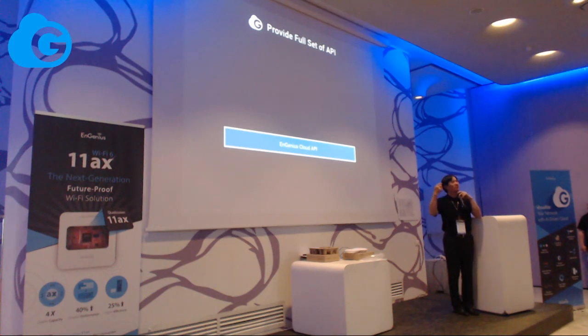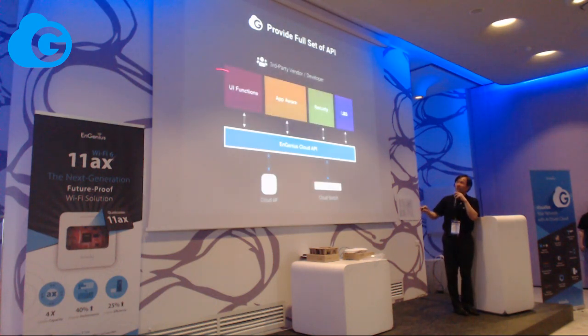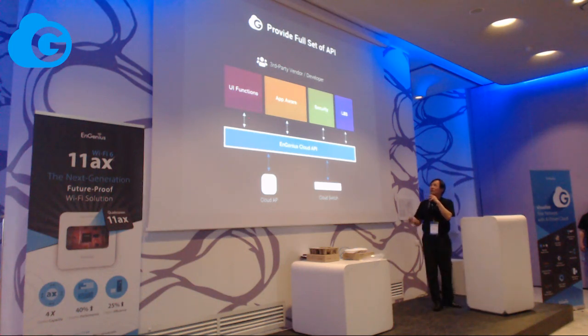If you found a big telco company and they said that they want their own UI, it's very easy because all the API is ready out there. So you can change your UI, you can do application-aware stuff or security or location-based services based on those API. Okay, so it's all ready.